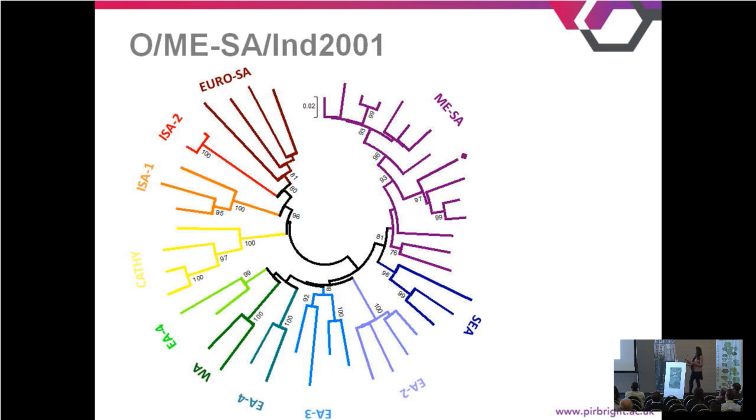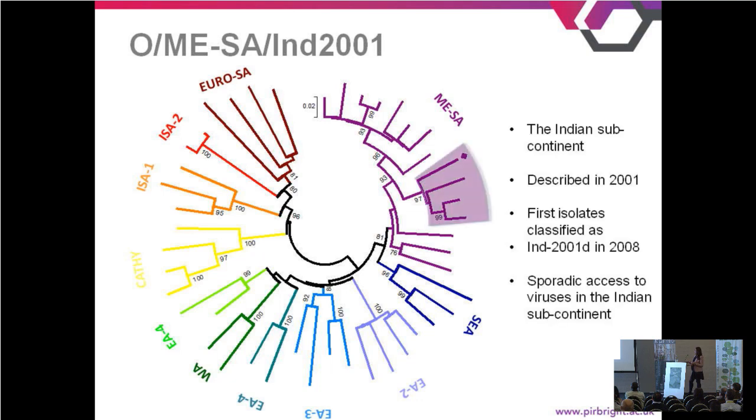The India 2001 lineage is within the Middle East-South Asia topotype, and this topotype has been described to circulate within the Indian subcontinent. It was first described in 2001, and it was shown that the lineage divides into 4 different sublineages. Perhaps the names of them are not very inventive. They are sublineage A, B, C, and D. And indeed, the D one is the one that we're concerned about at the moment.